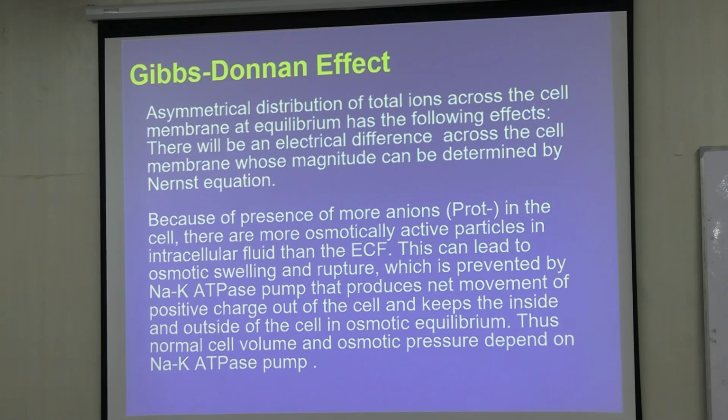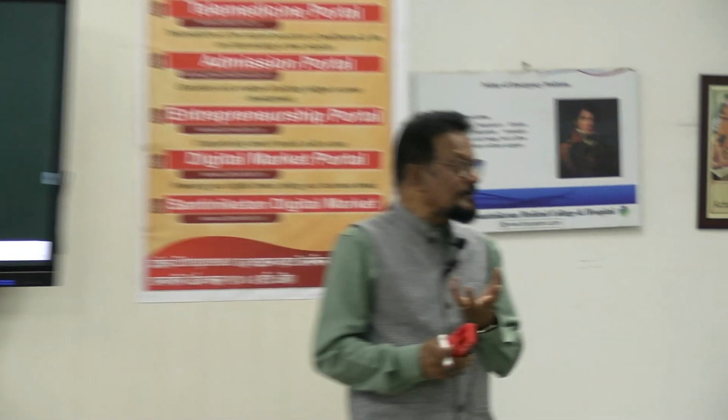See the next part. Because of the presence of more anions, that is protein, inside the cell, what will happen? It will start accumulating substances that will create more osmotic pressure. If it exerts more osmotic pressure, then water will be entering from outside into the cell.